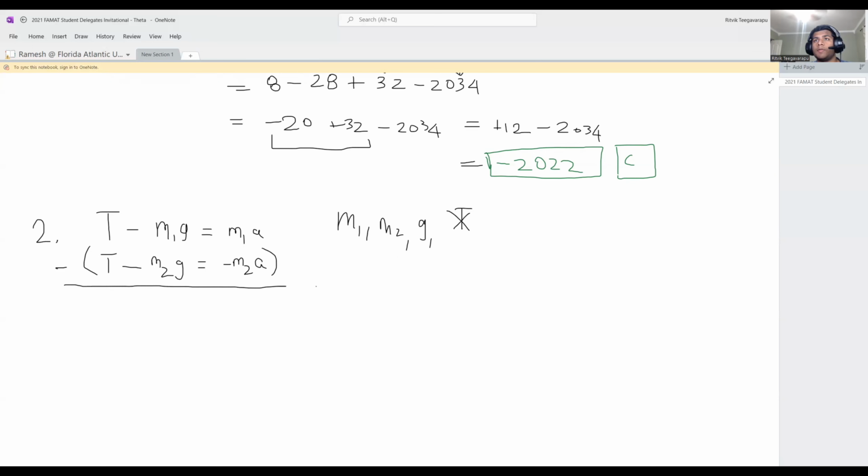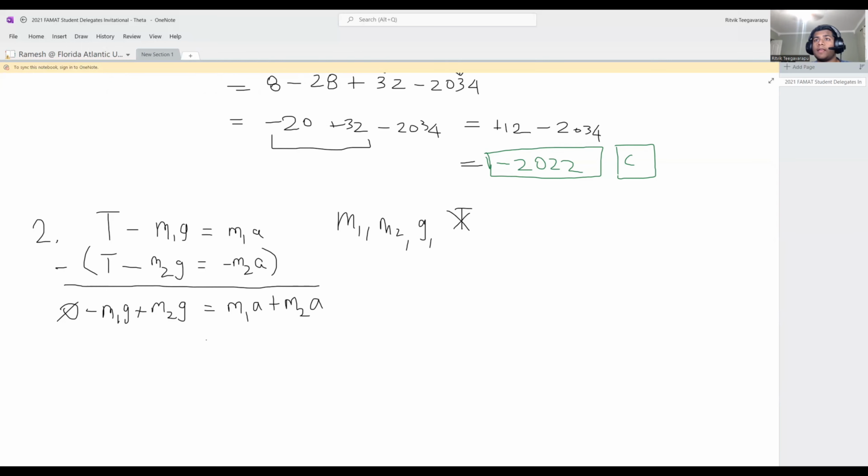Doing so, we get T minus T, which is still 0. This leaves us with negative M1G on the top. Negative and negative is positive. This gives us positive M2G. And then this gives us M1A, and then negative negative is positive, which gives us M2A. Of course, this 0 is irrelevant to the further calculation.